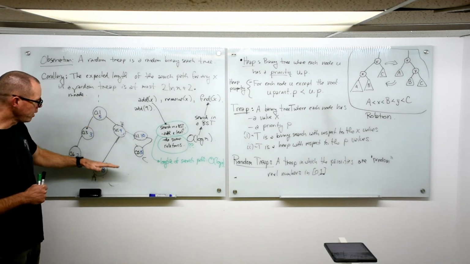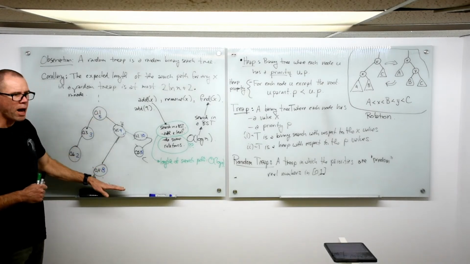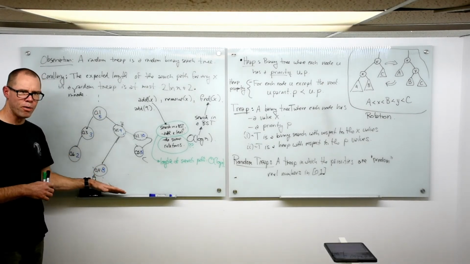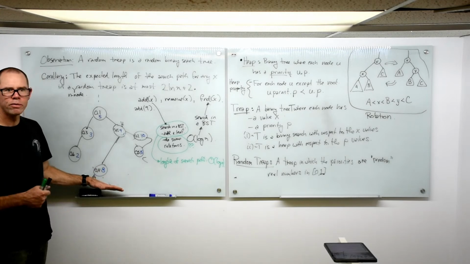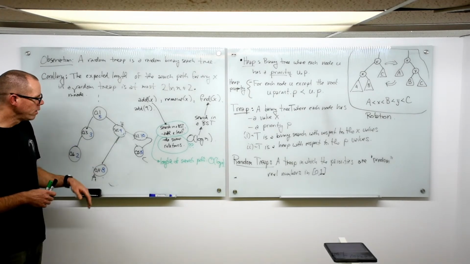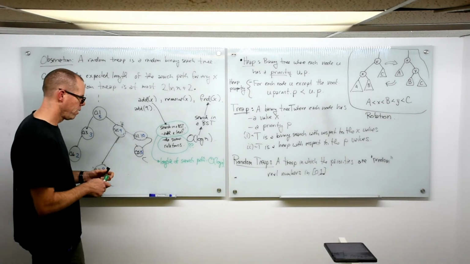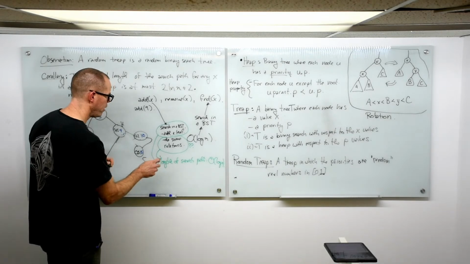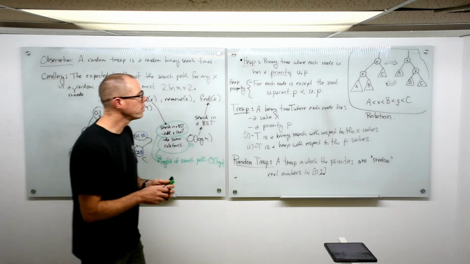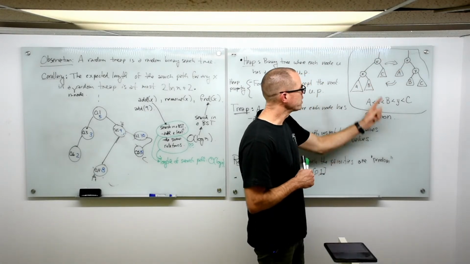Right? Because the length of the search path tells me how far the first node, when I add the node, is from the root. After that, each time I do a rotation, I bring it closer. So the number of rotations is not more than the length of the search path, which is only O of log n. And a rotation is not a difficult thing, at least conceptually, right?